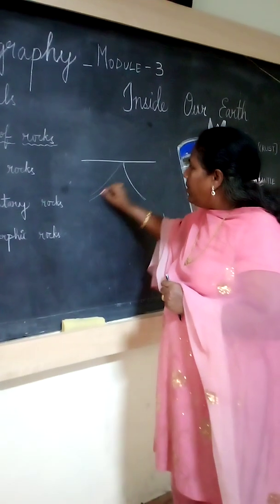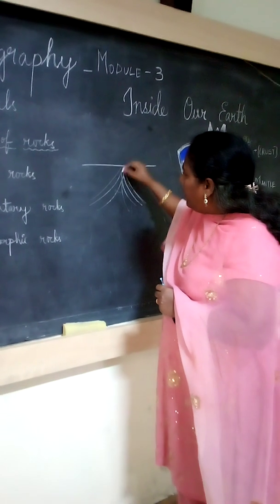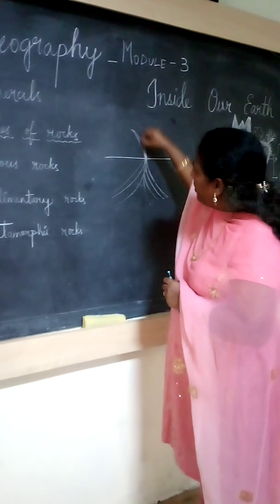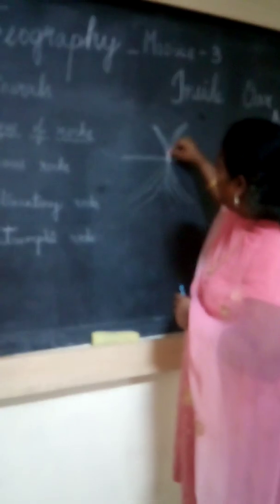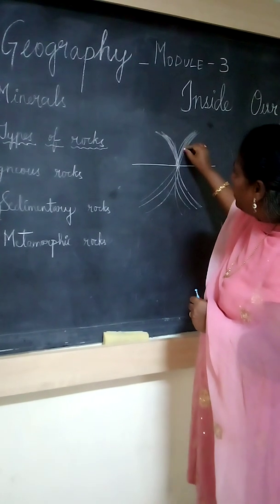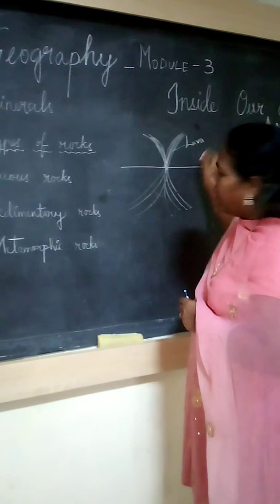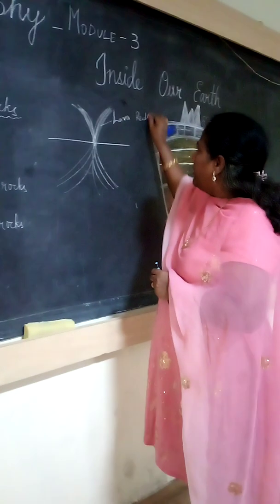So here the liquid form, it is magma. Inside it is called magma. It is coming out like this. It is called lava. This process is the volcanoes erupting. So this is called lava. Lava is in which color? Do you know? You saw it any time? It is in red color. The lava is in red color.